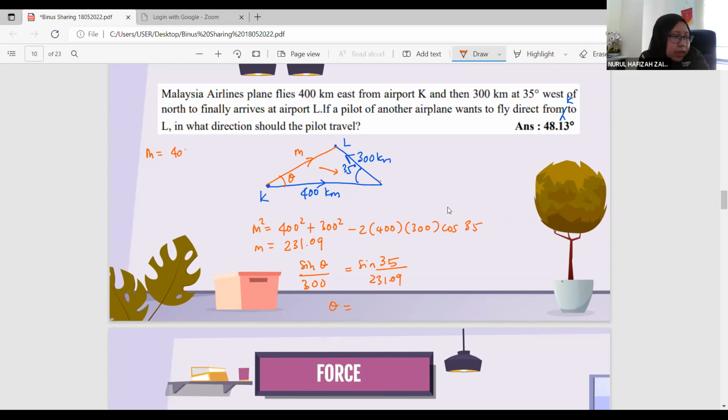So theta is 48.13. So you can say direction from north or whatever, but that is the calculation. If you want to use what you have learned in linear algebra, that is one of the applications.